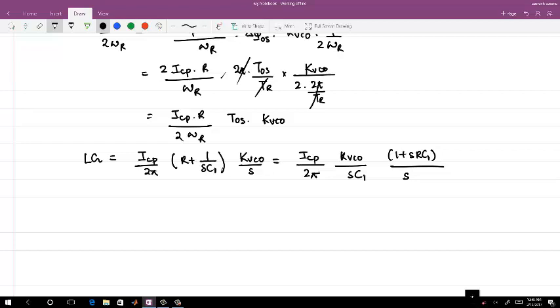Okay. So the Bode plot for this loop gain is minus 20 dB per decade, and you have something kind of like this, which is omega z, and omega z is 1 by RC1.